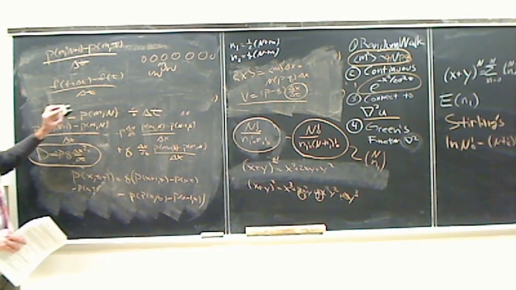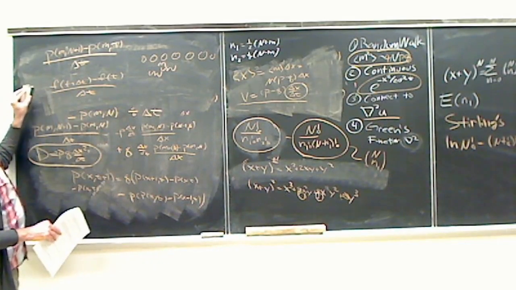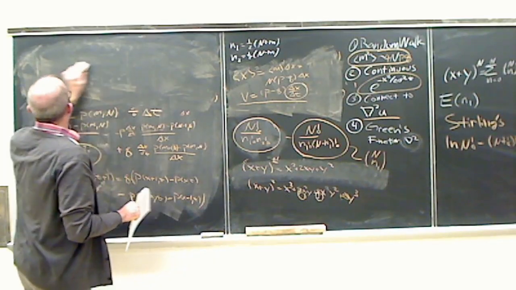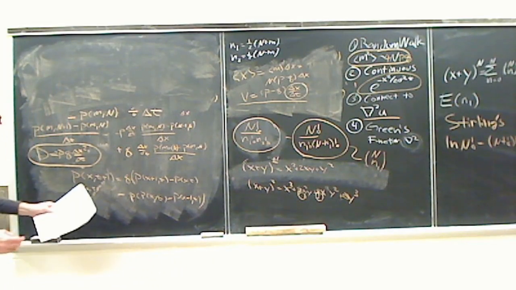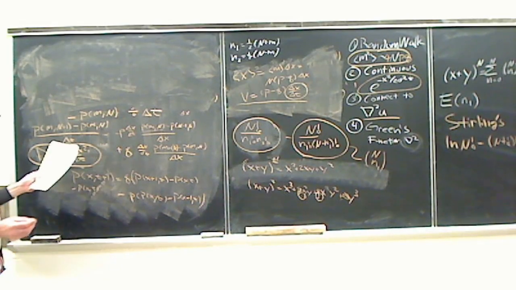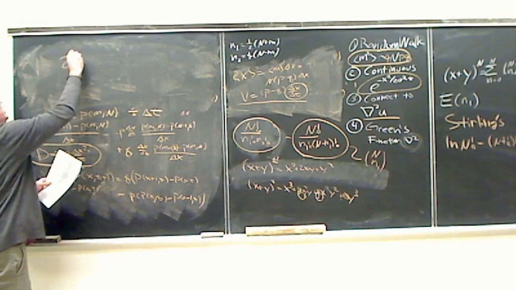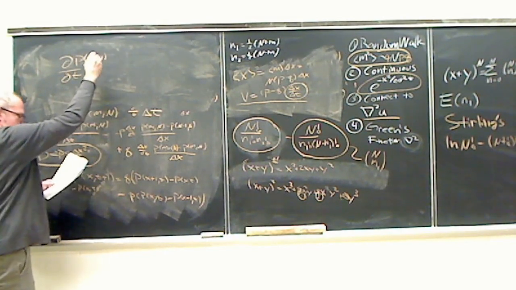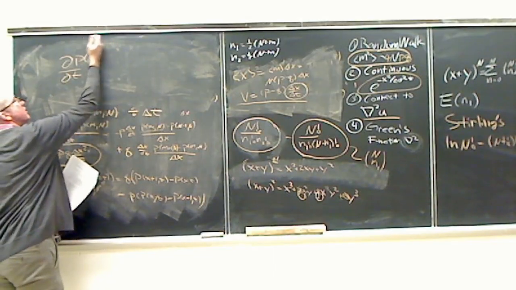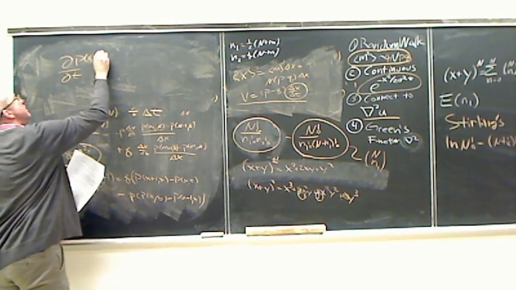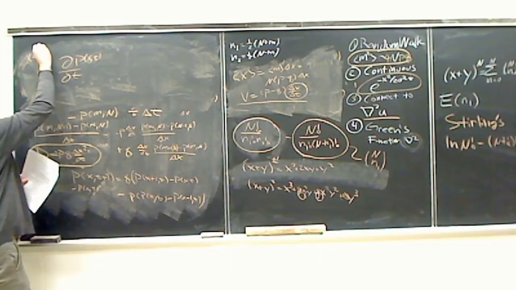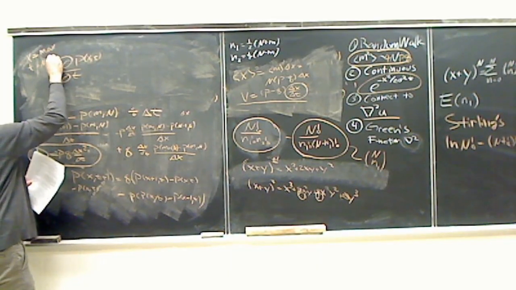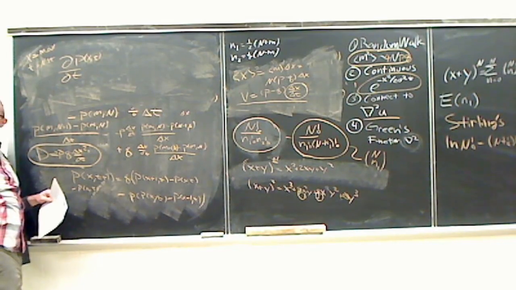And what this turns into is, where should I write it? I'll write it up here again. So then we're left with dP/dt of m and n. Now let's call this x and t. So x is m delta x, and t is big N delta t. I'm not really changing anything, I'm just labeling things differently.